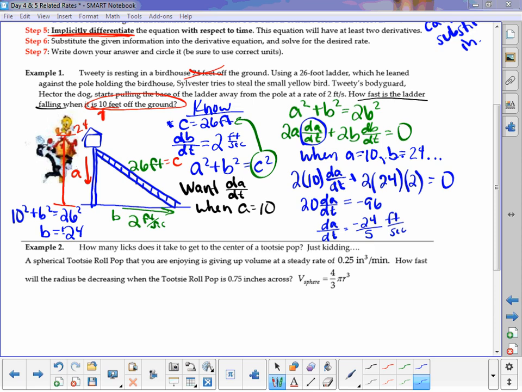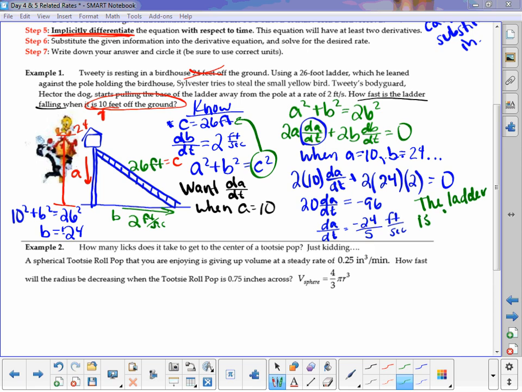We don't want to say the ladder is falling at a negative 24 over 5 feet per second, because you're basically negating a negative. The fact that it says how fast is the ladder falling already indicates that it will be a negative rate.